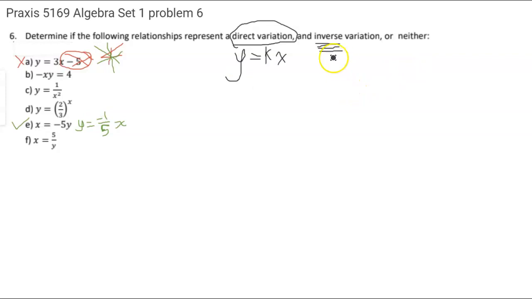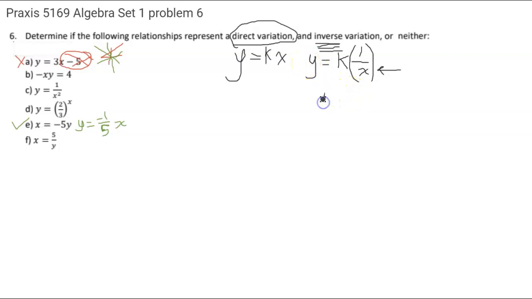So an inverse relationship looks like y equals, there's still some constant k, but now it's not x, it's 1 over x. So we're taking that k and multiplying it by the 1 over x. In other words, as x grows large, 1 over x is a fraction. As the bottom of a fraction increases, the total fraction decreases. So as x grows large, y grows small.